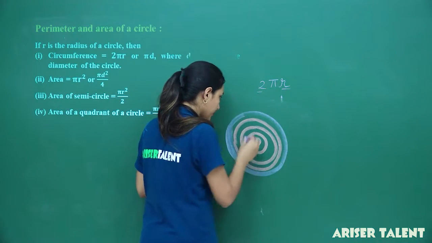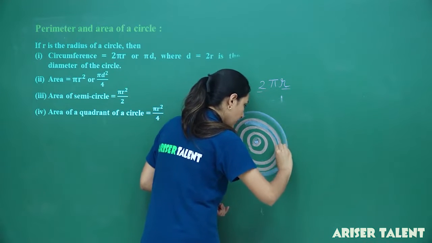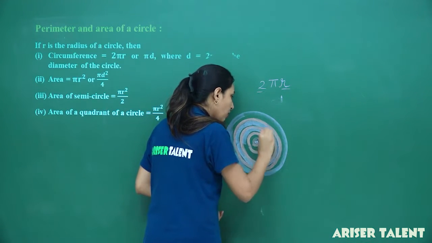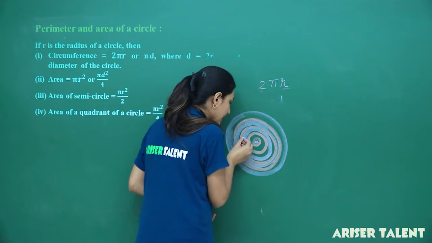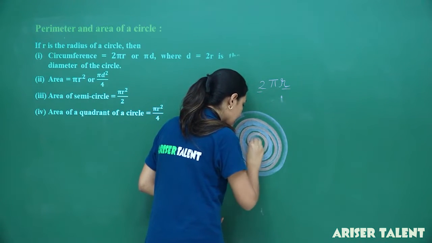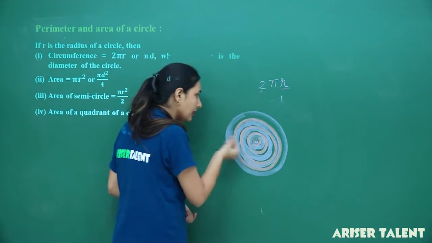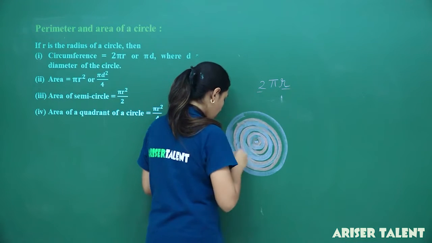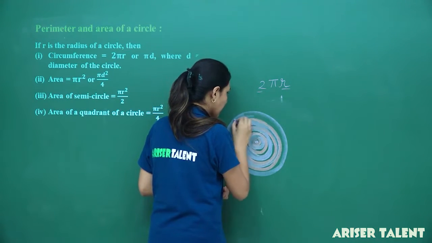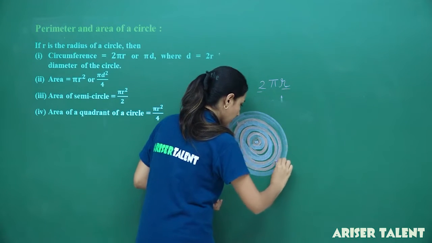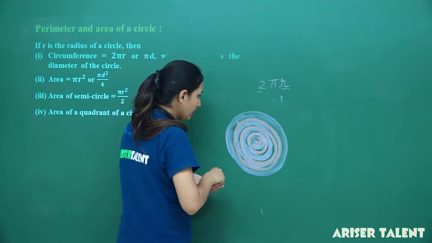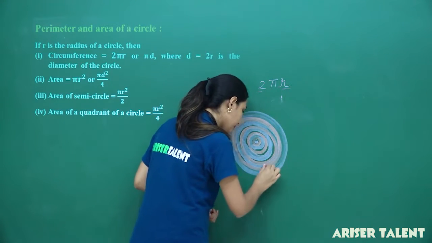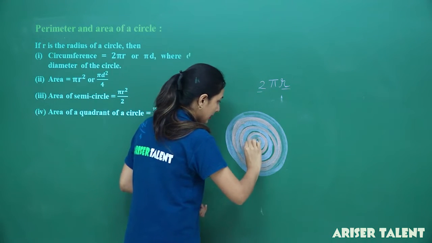So, mark it. So, these are what? All circles. A circle inside a circle and a circle inside a circle. This is how a circle is. So, what I am trying to say is that it is composed of infinite circles.